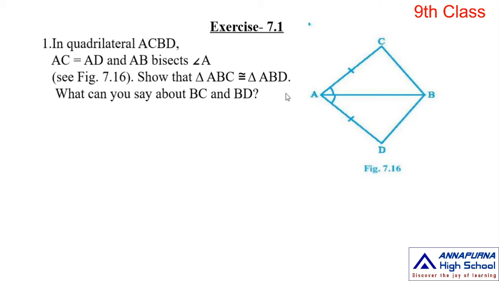We have to prove that triangle ABC is congruent to triangle ABD. First, we have to prove that these two triangles are congruent.